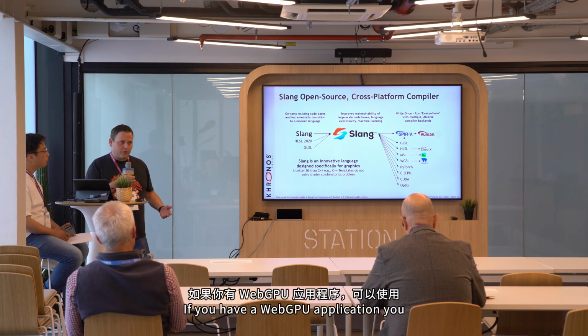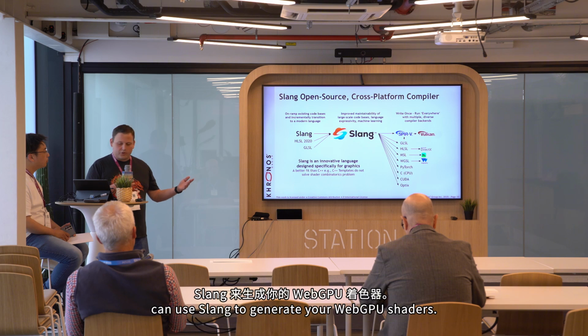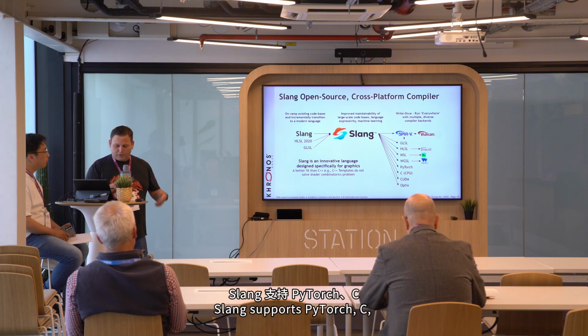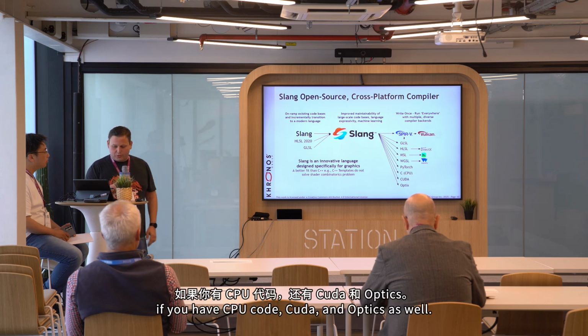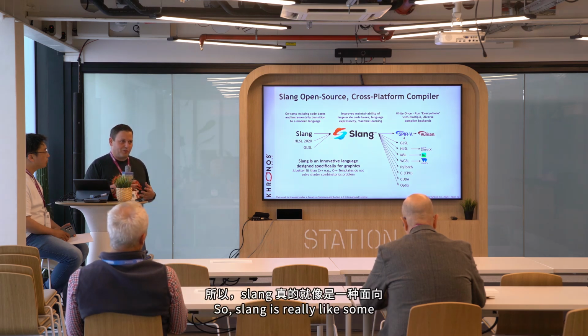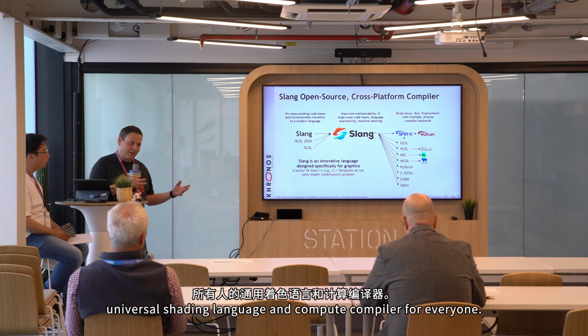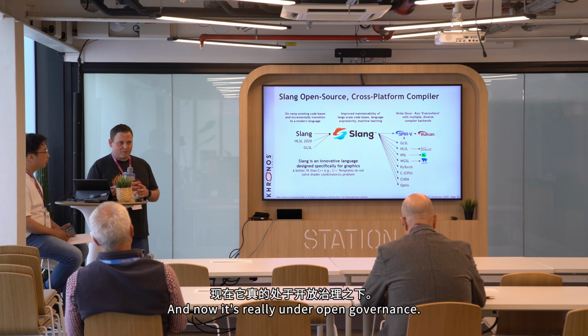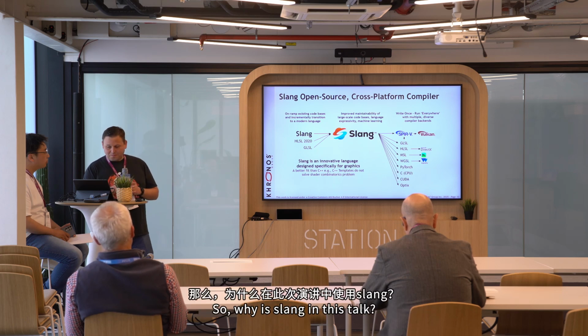If you have a WebGPU application, you can use Slang to generate your WebGPU shaders. Slang supports PyTorch, C++ if you have CPU code, CUDA, and OptiX as well. So Slang is really like a universal shading language and compute compiler for everyone. And now it's really under open governance.